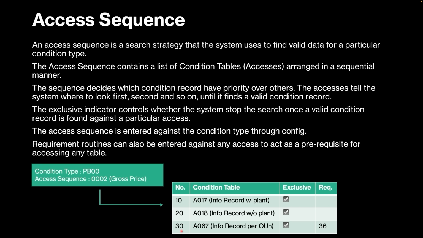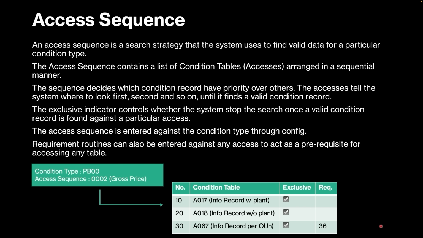When the system tries to retrieve the record, it will start reading from top to bottom, and at each access the system will try to retrieve the condition record and populate it in your purchasing document. If the system finds this exclusive checkbox against any of these tables against which the condition record is found, then the system will stop the search, return this condition record and not search further.